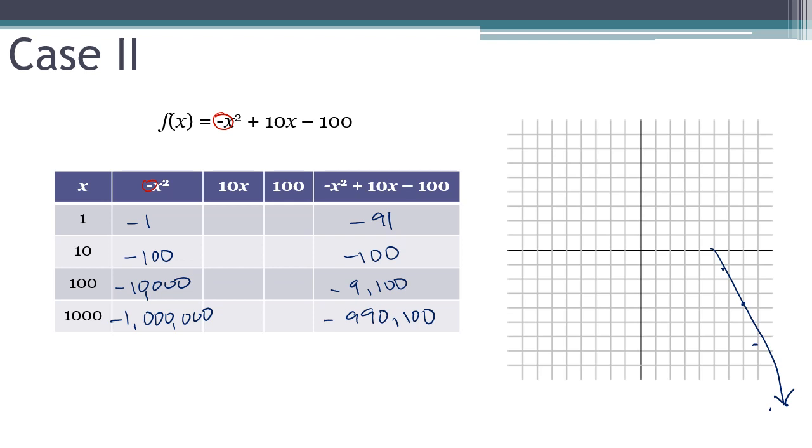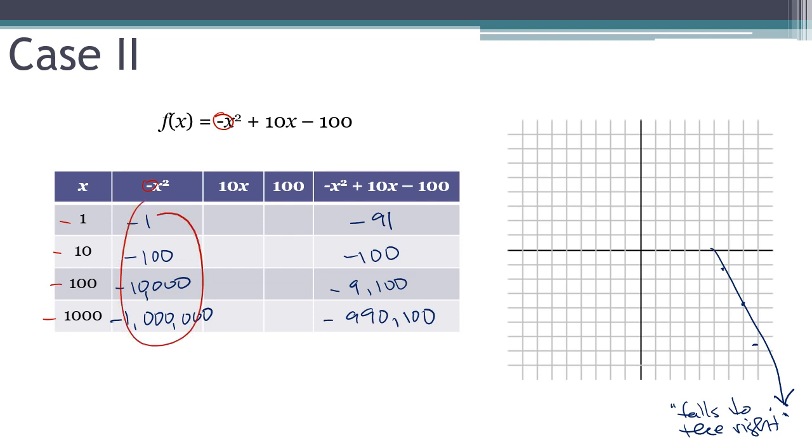And the way I would describe this is I would say the graph falls to the right. All right, again, if you repeat the exercise, if we put negative numbers in here for x, these numbers don't change.